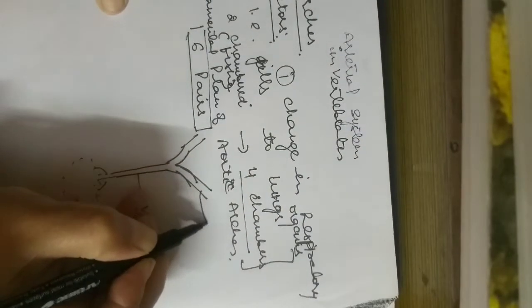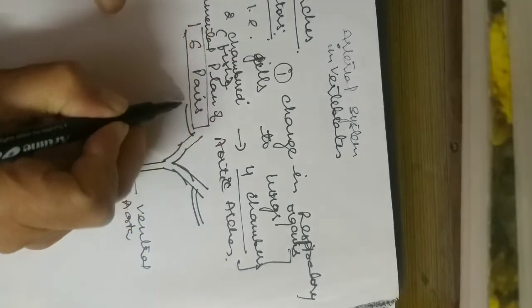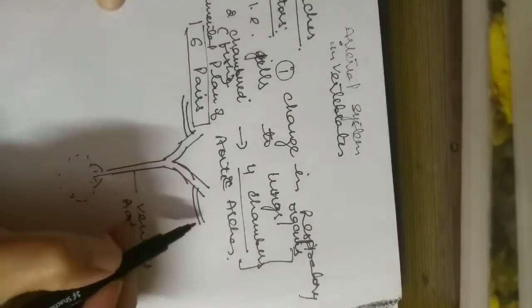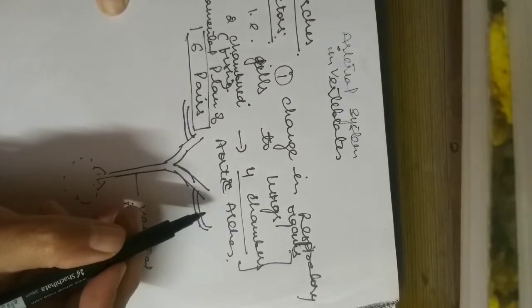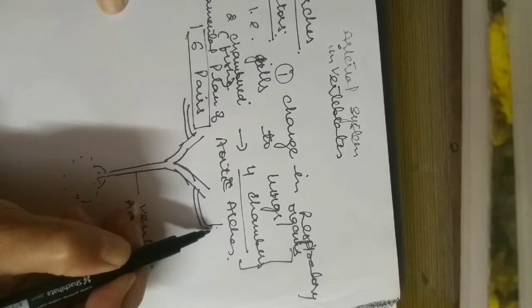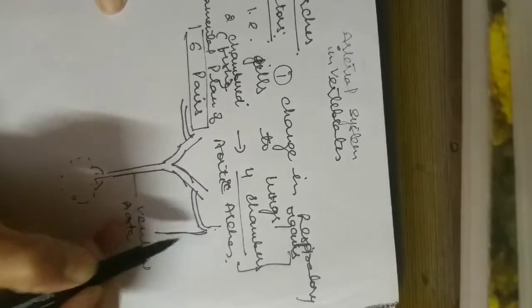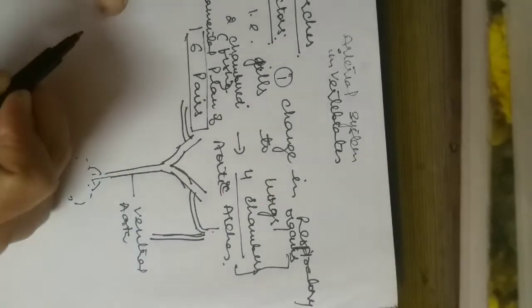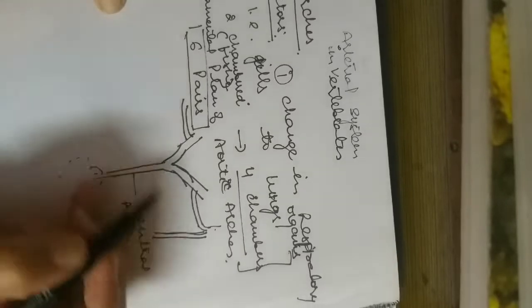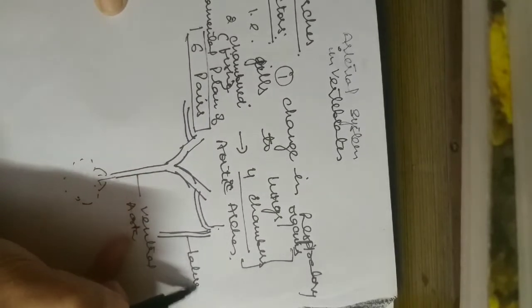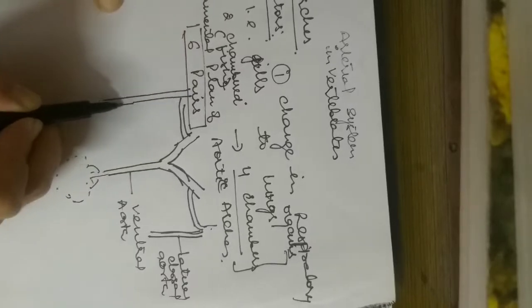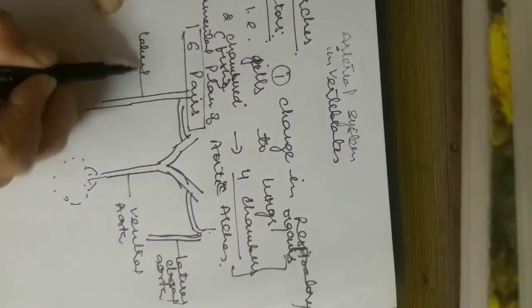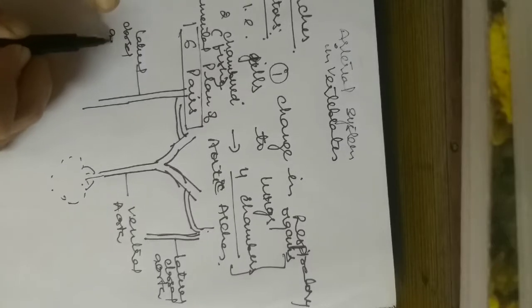Then after joining it, it would run backward. The vessel that runs backward is called the lateral dorsal aorta, and it would be on both the sides. So these are the lateral dorsal aortae.